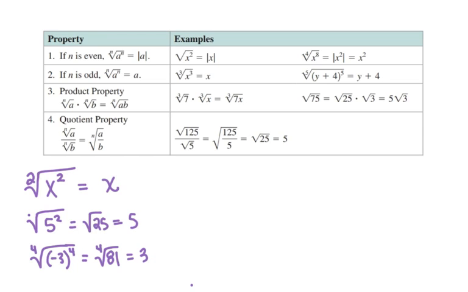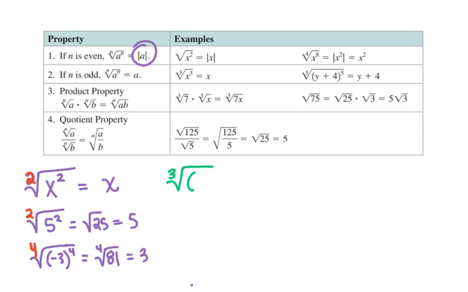So the fourth root of negative 3 to the power 4 cancels, but that negative becomes a positive. That's why they put the absolute value here. So whenever you have an even root, like square roots or fourth roots or sixth roots, that inside negative number will cancel out when you're taking the fourth root of something to the fourth or the square root of something squared.